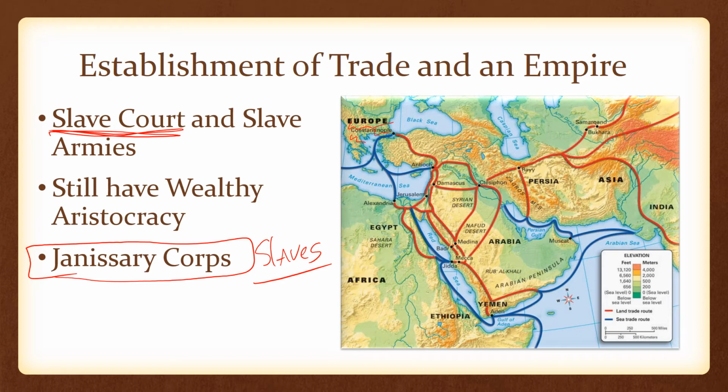And the big thing about the Janissary Corps that makes them significant is they're really the first firearm-based unit in warfare. They are going to be very early on a strictly firearm-based military corps. And no other country had that.